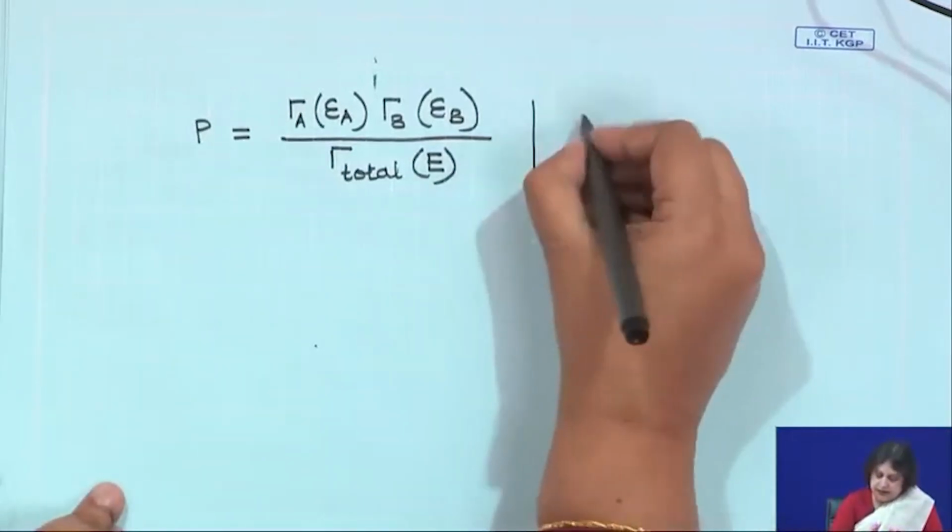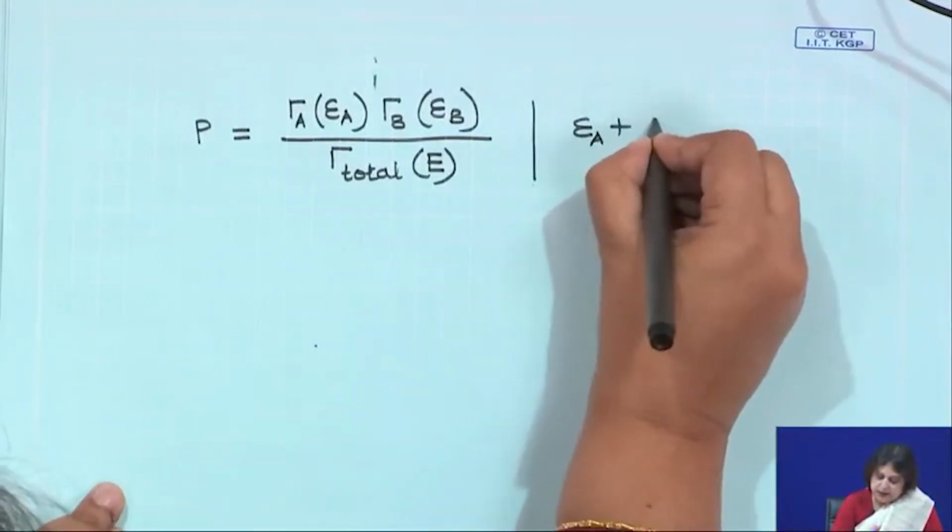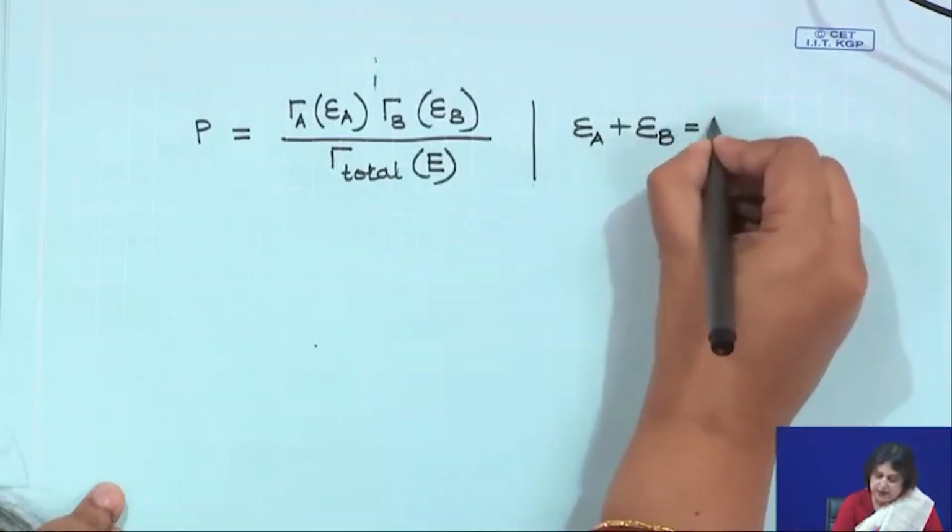Now, please remember that epsilon A plus epsilon B once again is a constant.